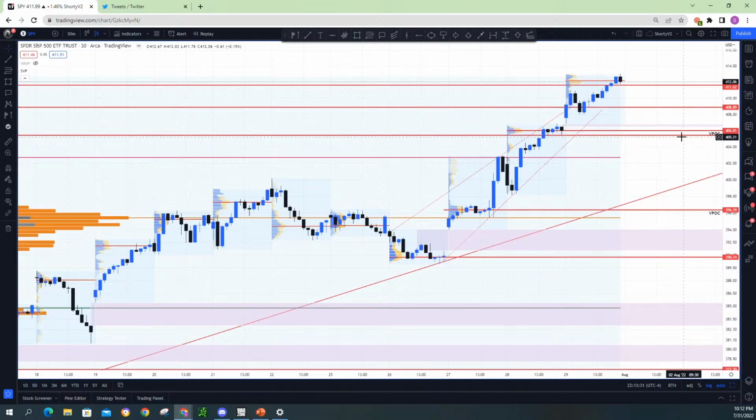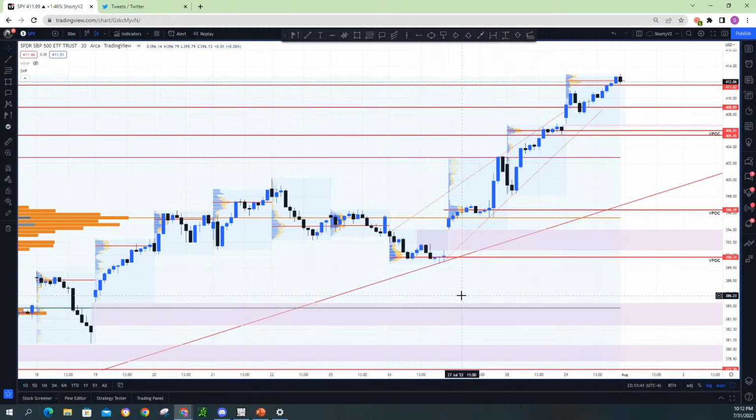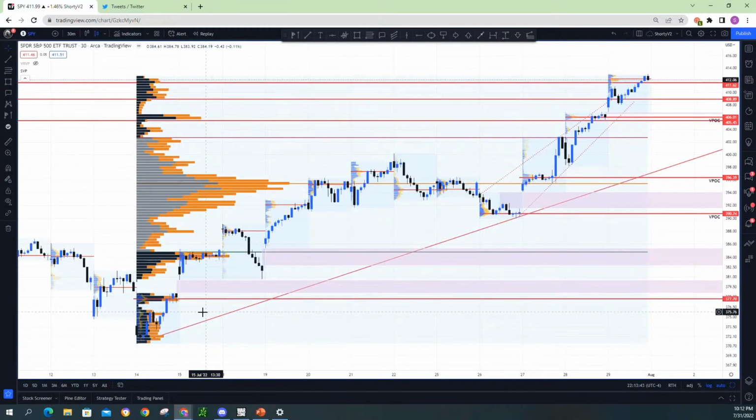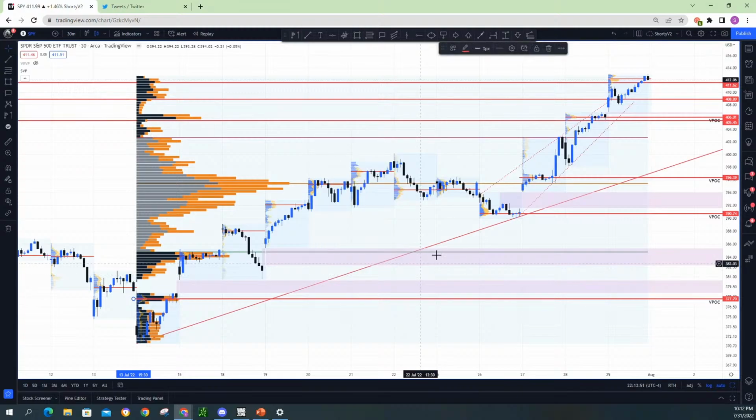So there's an epoch there, an epoch here, and then another epoch, another epoch here. And then there's another epoch here at 377. Wow. It's very obvious too with the VPs, the distributions around those VPOCs.